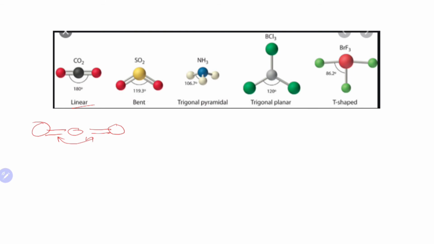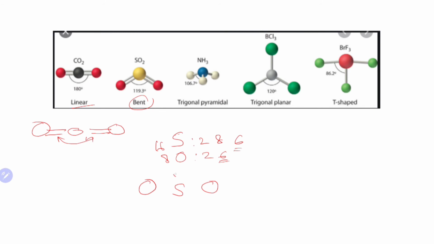For SO2, V bent. S is number 16, so 2, 8 and 6. O is 8, 2 and 6, so the same, in the same group, S and O. 6 valence electrons, so how to draw S and O2?